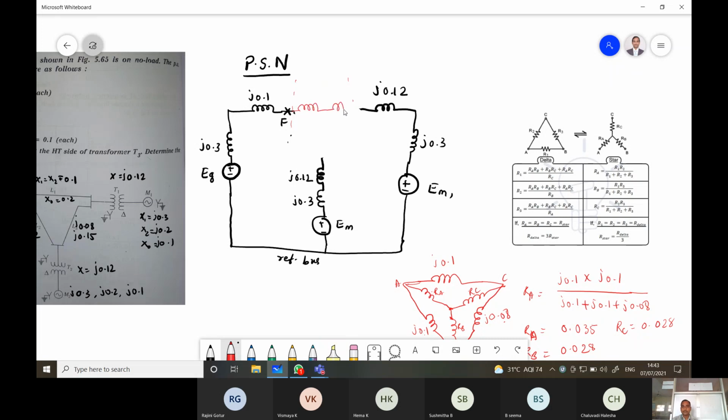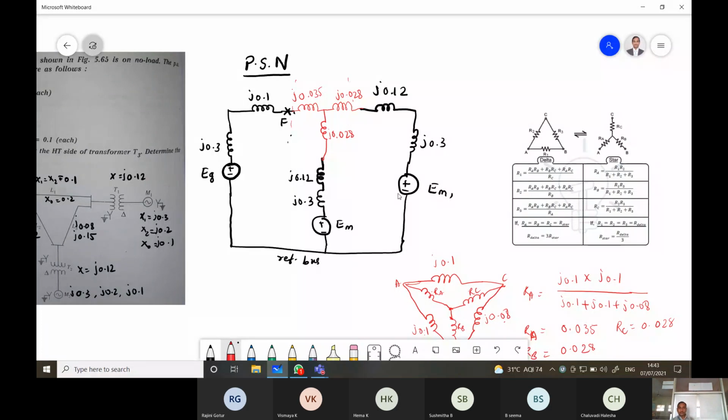Like this. Okay. So this is RA is 0.0357. So downward j0.02857. This is j0.02857. Okay.